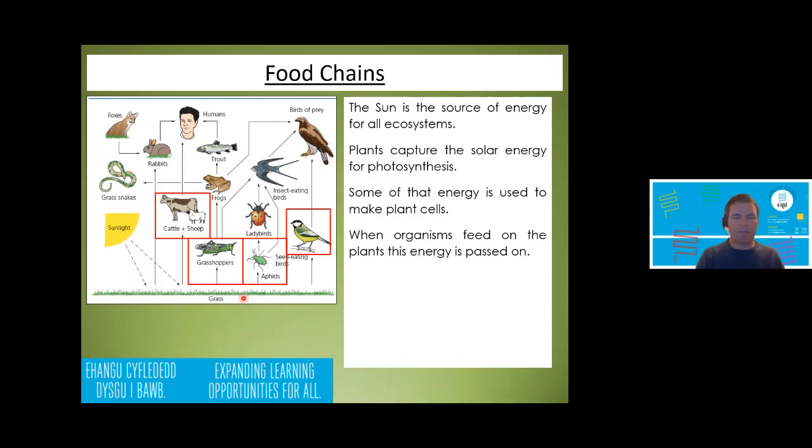I've identified four groups: the cattle and sheep, the grasshoppers, the aphids, and those birds which eat plants. They obtain their energy by eating the cells of plants which have been made using energy from the sun.